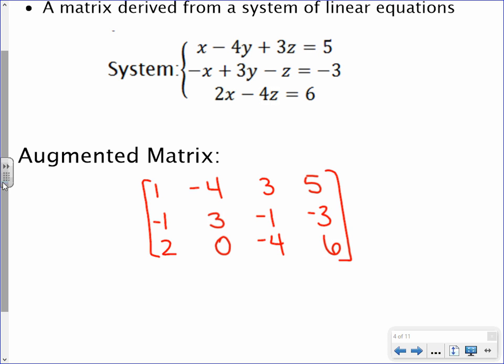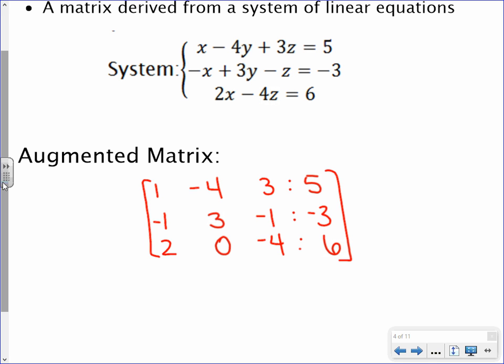And since we're using a system of equations, we make these dots where we would have those equal signs to separate the numbers that represent those variables versus the numbers that are the constants. This is an augmented matrix.